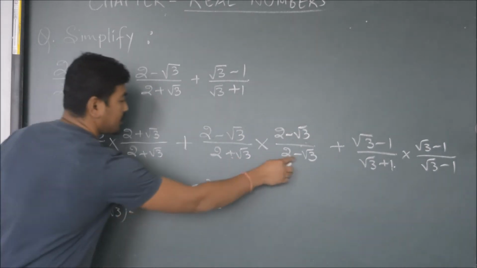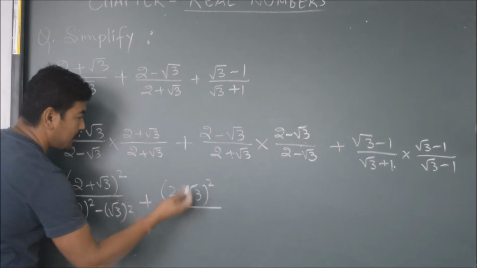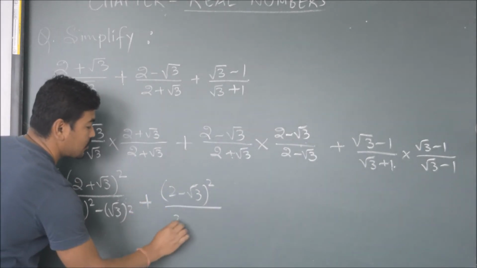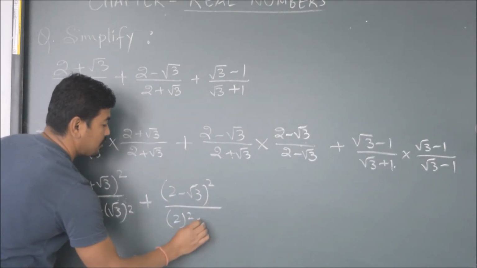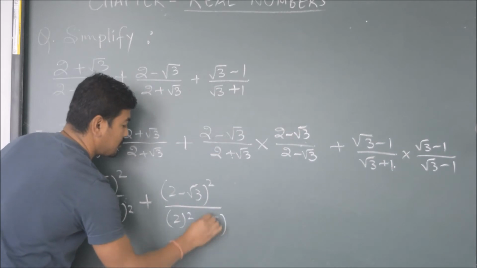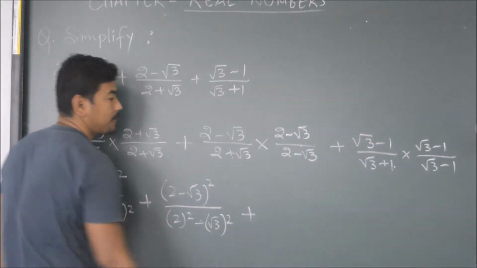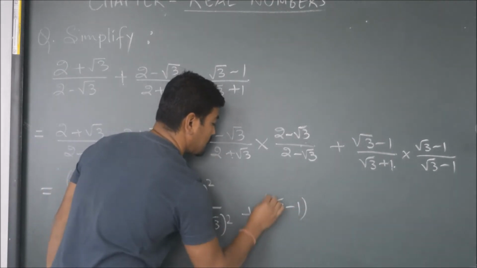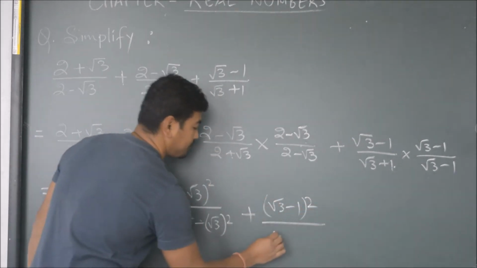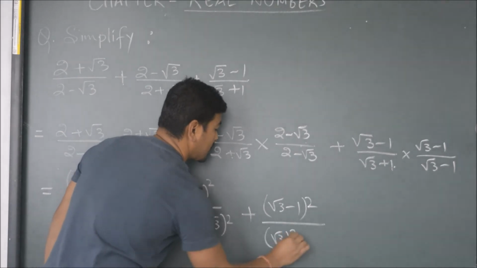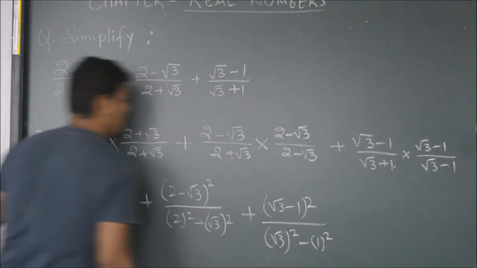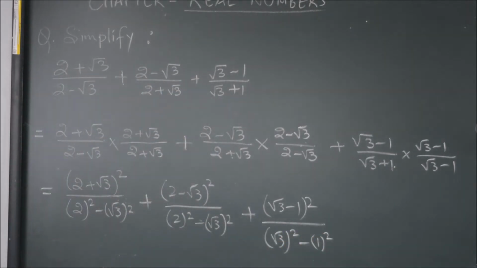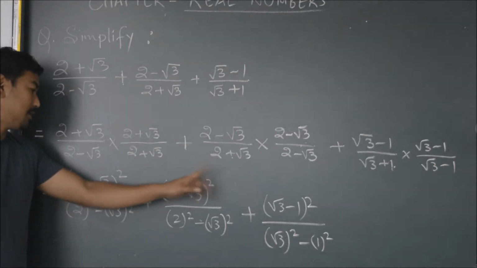And in the denominator, again a plus b, a minus b identity, that is a square minus b square, 2 square minus root 3 square, plus, and same thing here also, root 3 minus 1 whole square divided by root 3 square minus 1 square.